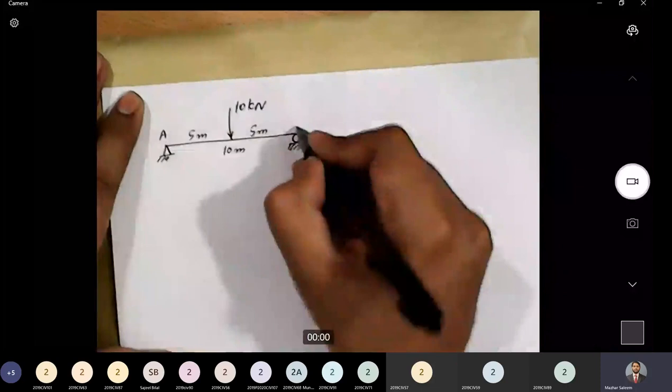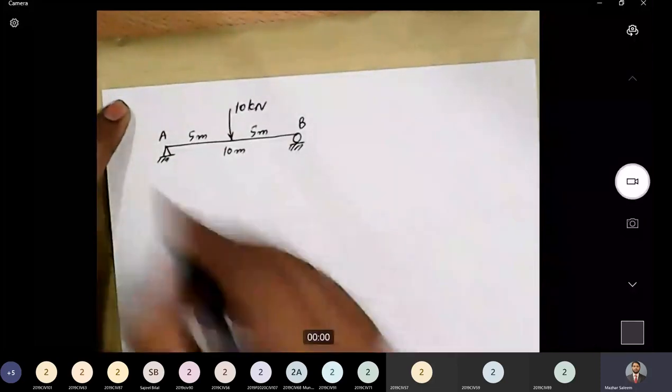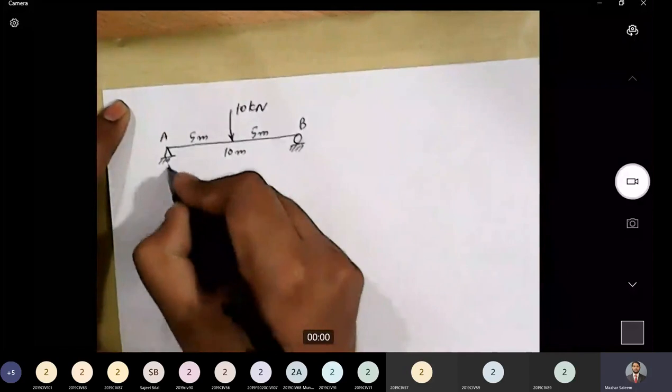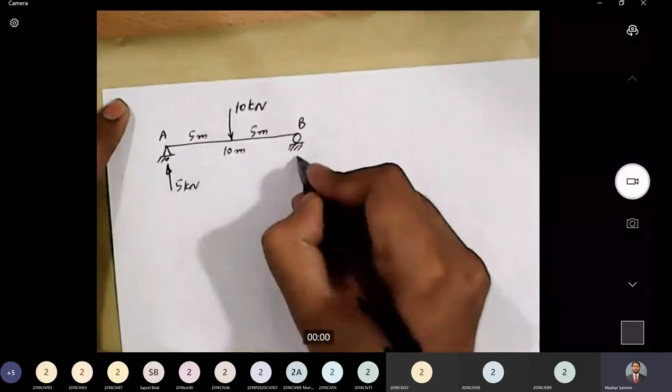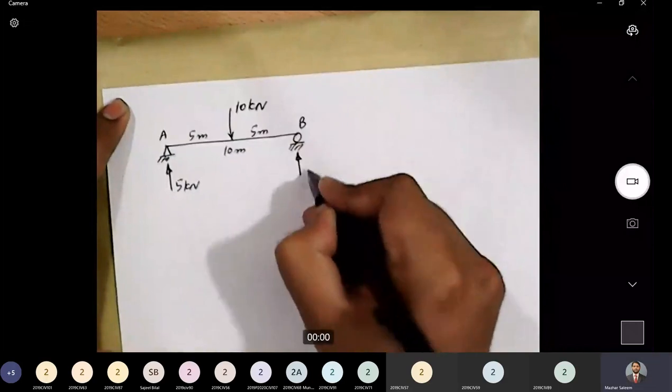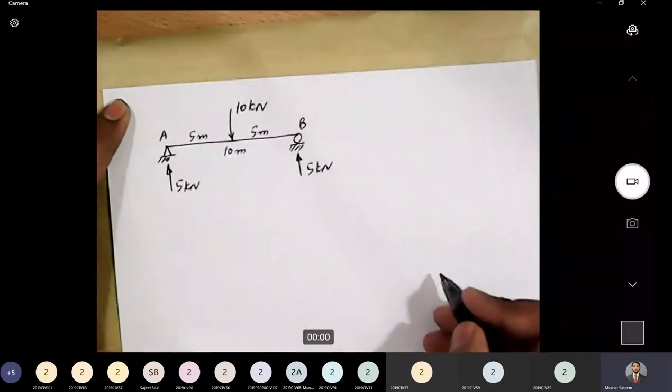This point is point A, and this point is point B. And we know the reactions. Reaction here is 5 kilonewton, and reaction here is also equal to 5 kilonewton.